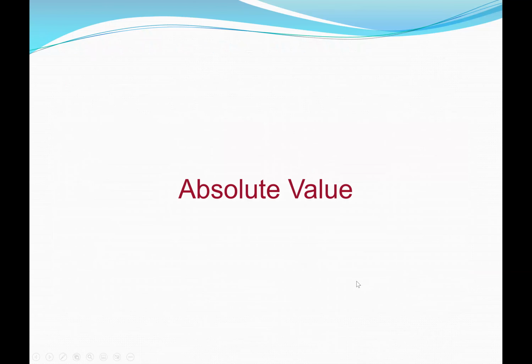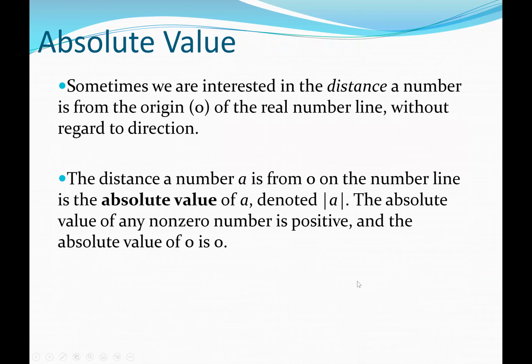So that's again the notation we use, plus the graph. Next, we go to absolute value. We know from high school that absolute value is always a positive answer. So if I have the absolute value of a, the answer will be a. The absolute value of -2 will be +2. The absolute value of +2 will still be +2.